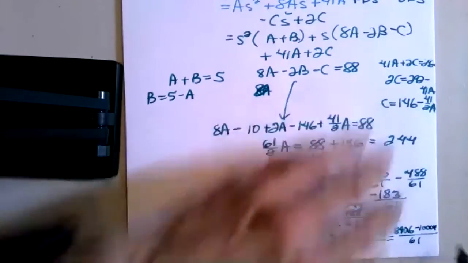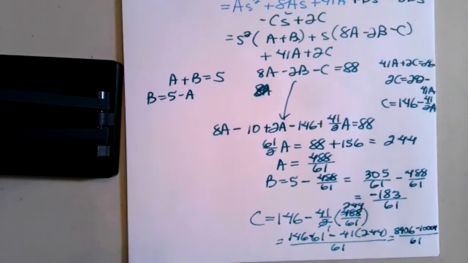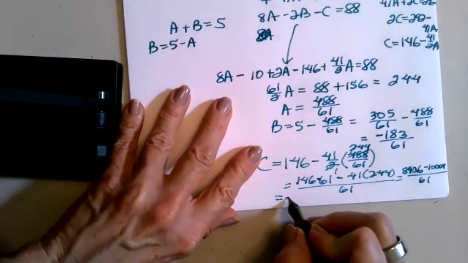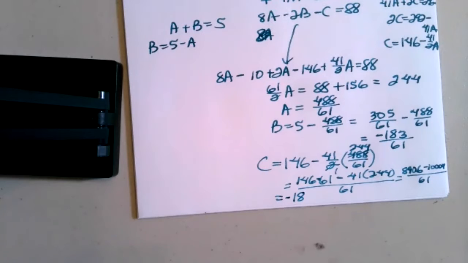And you divide by 61. So 10,004 minus 80. What was that? 8906? I can't even read that writing. And then you divide by 61. 18. How about that? It's minus 18. Okay.